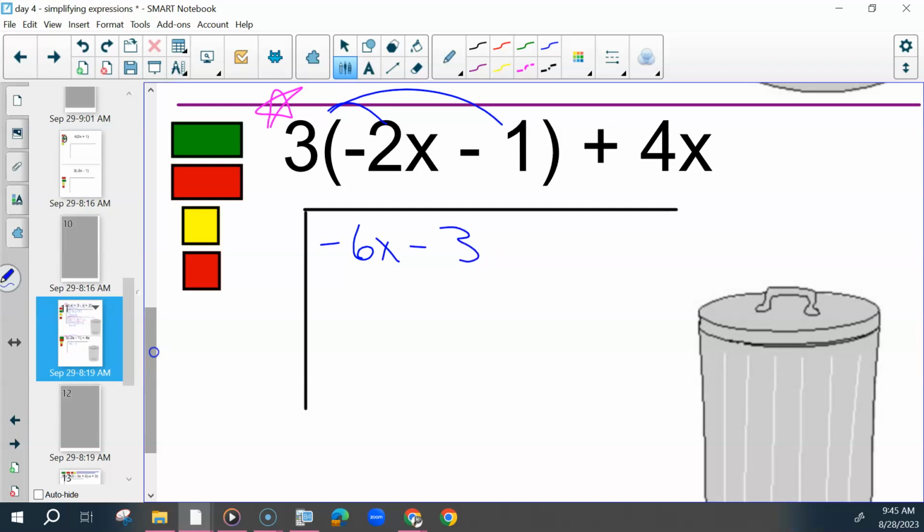Then we're just going to bring down that plus 4x at the end. What would be our next step? So the -6x and the 4x get negative.